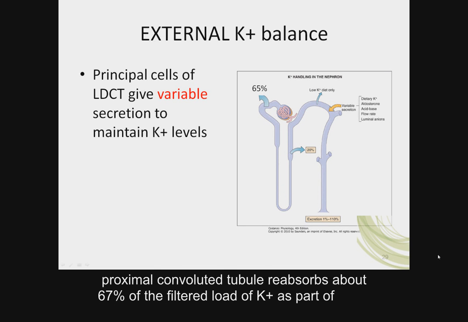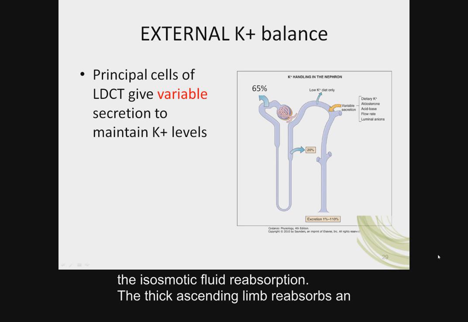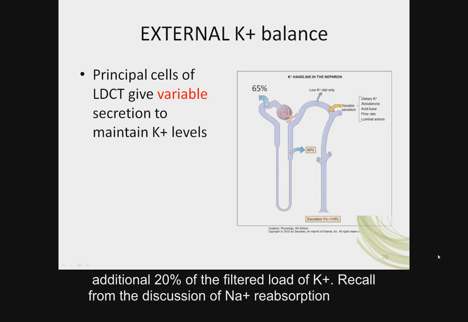The proximal convoluted tubule reabsorbs about 67% of the filtered load of potassium as part of the isoosmotic fluid reabsorption. The thick ascending limb reabsorbs an additional 20% of the filtered load of potassium.